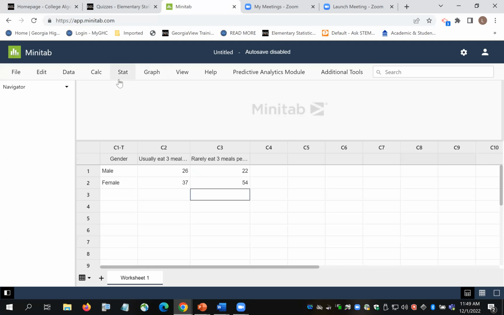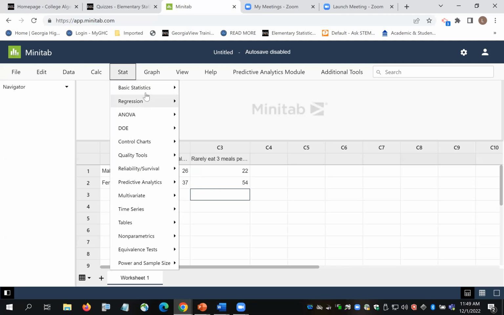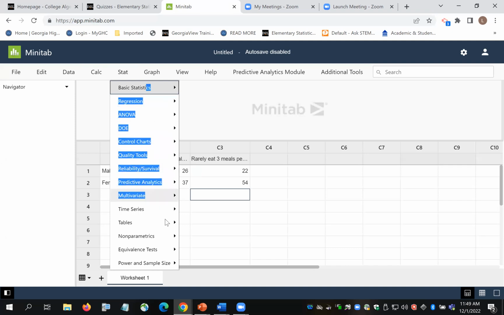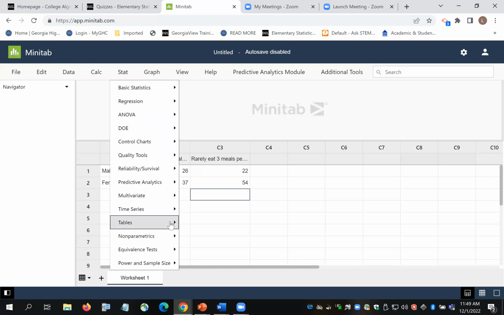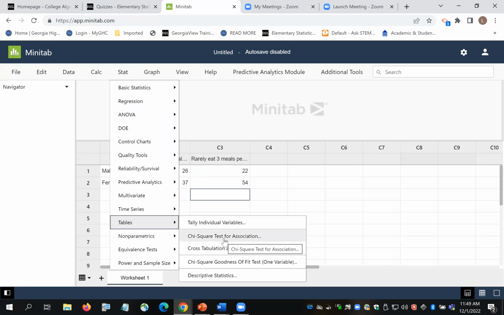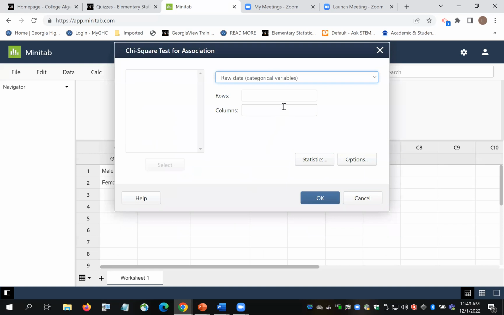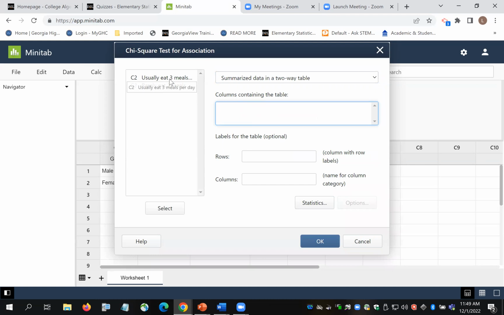Again, it's a contingency table. It's the same commands that we used for test of independence. The difference is how the data is interpreted. I did look that up and research why, but it's the same formula; we just interpret it differently. So it's Stat, Tables, Chi-Square Test for Association. We have the summarized data. My columns are the usually and rarely eating 3 meals. The rows are my gender.